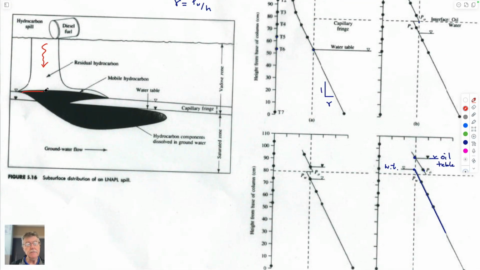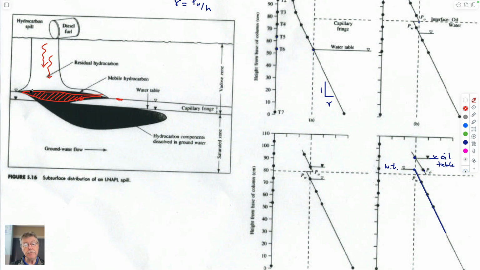This is our lens of liquid. It's pushed down the water table, which was at this, the top of the capillary fringe was here. Now it's depressed it slightly. This is probably close to 70% saturated with gasoline. This might be 15% saturated, 20%.